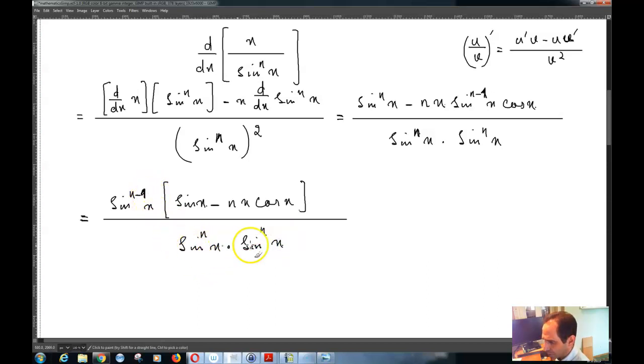Now if you simplify this with the denominator, you can write this as sine of x times sine raised to the power n minus 1 of x, which will be sine raised to the power n of x. So I rewrite this term as this, and then you can cancel this out with this one.